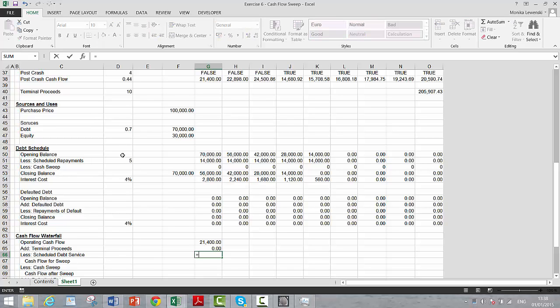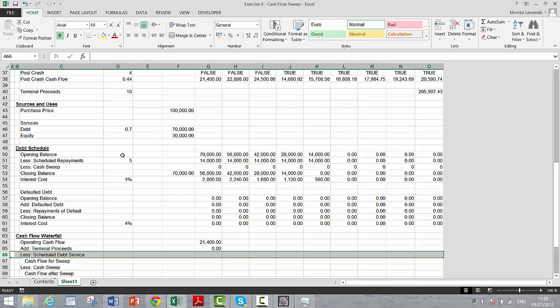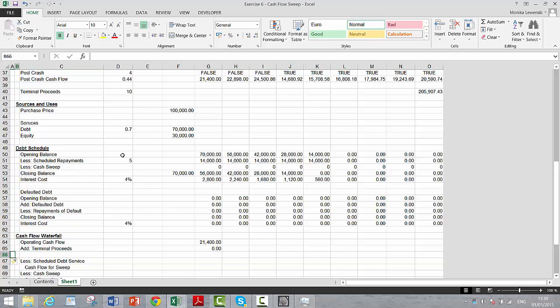Then we can take away our, I think we need a subtotal here. We need our operating cash flow plus terminal. Maybe I'm overdoing the subtotals a bit, but what can I say?